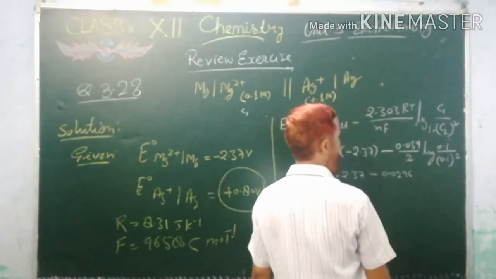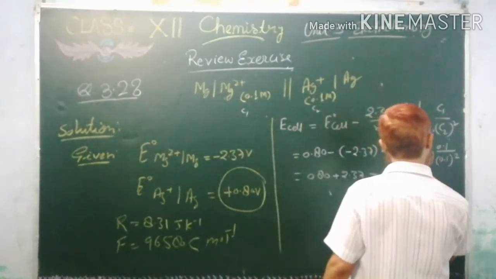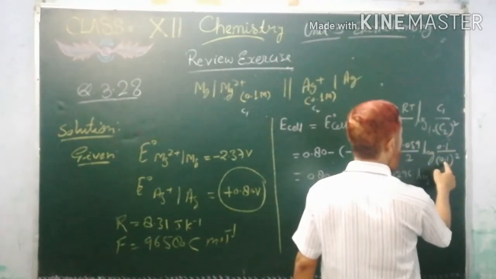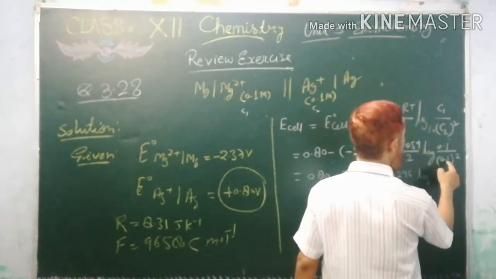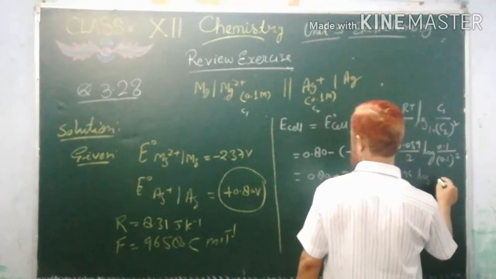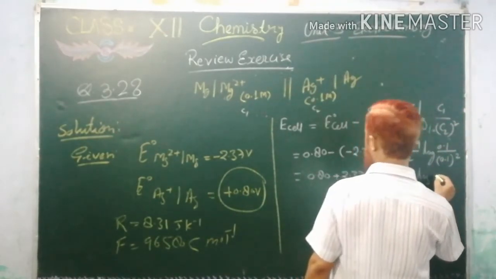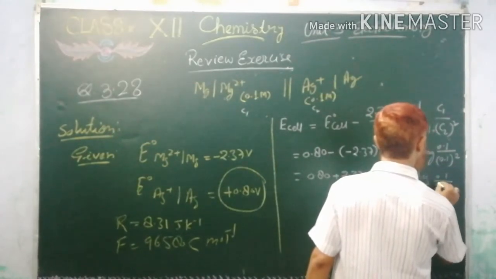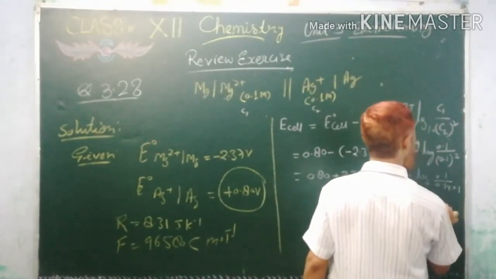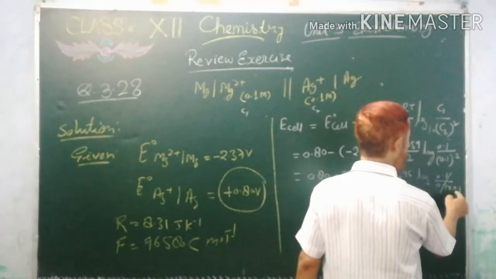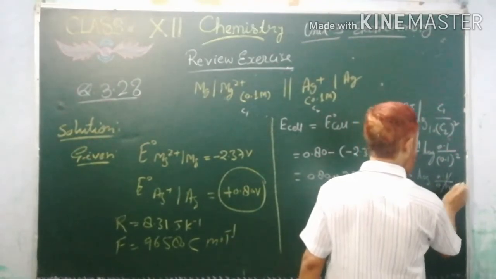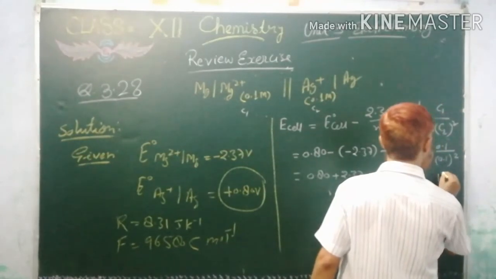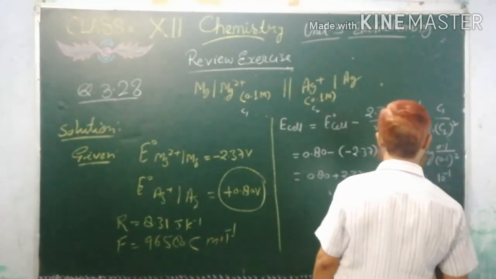Okay, nearest, and log 0.1 and 0.1 is square, so 0.1 will cancel, it will come 10 to the power minus 1. So you can write here 0.1 divided by 0.1 into 0.1, this will cancel, right? 1 upon 10 to the power 0.1, means finally this will come 10 to the power minus 1.